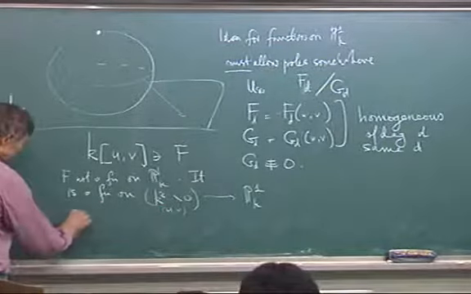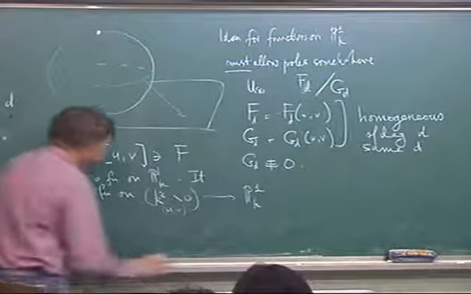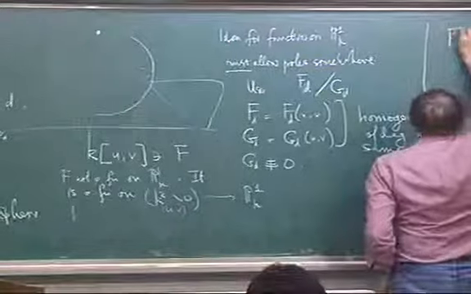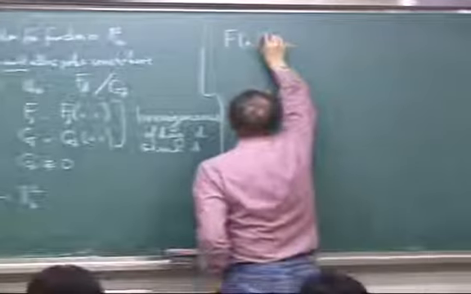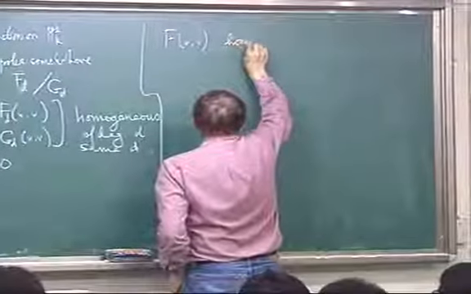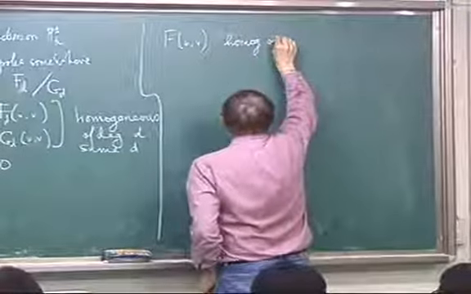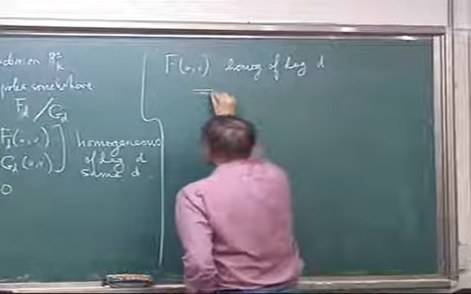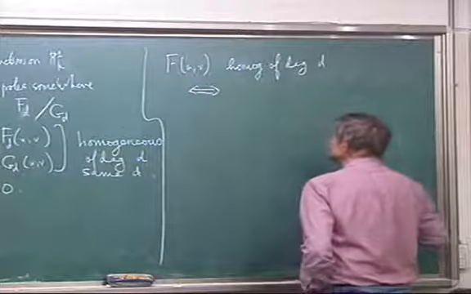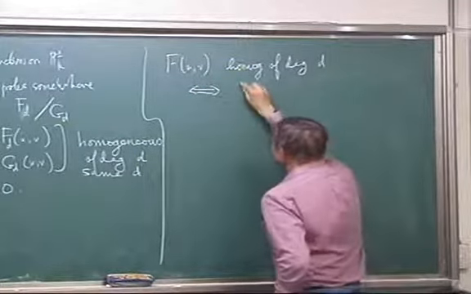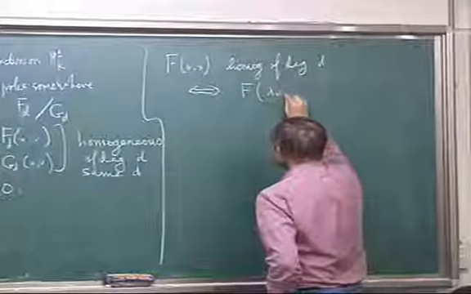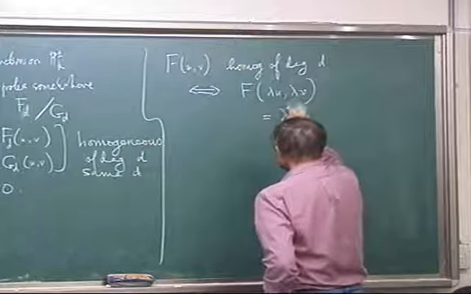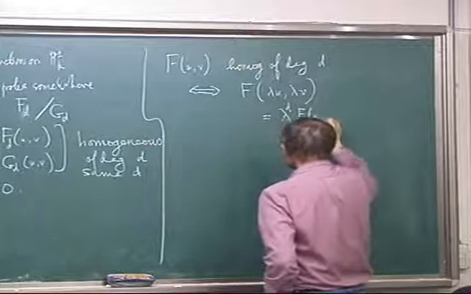So f, let me go to another blackboard. F of uv is homogeneous of degree d if and only if f of lambda u, lambda v is lambda to the power of d times f of uv.